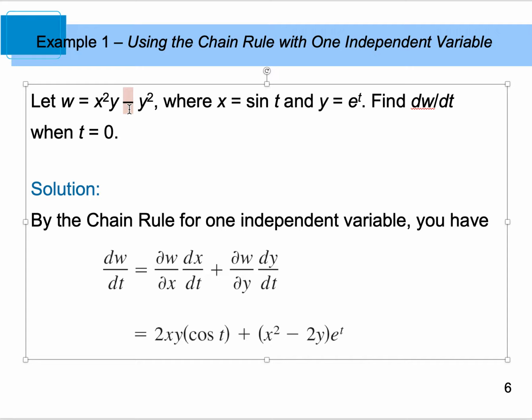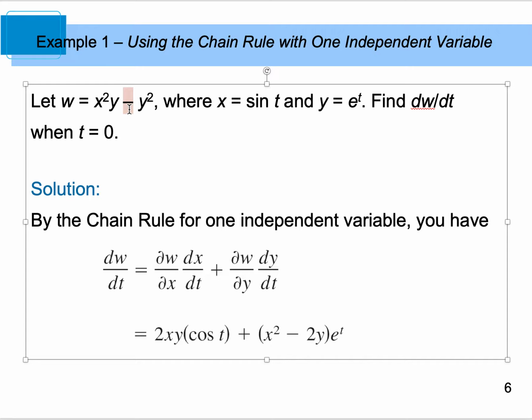So I have y squared. The derivative with respect to y, and then I'm going to do that times dy dt. So if I go back and differentiate this in terms of y, that means that x squared is a constant.